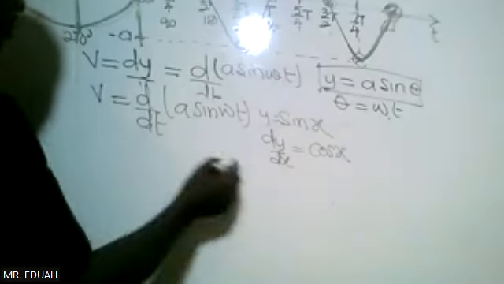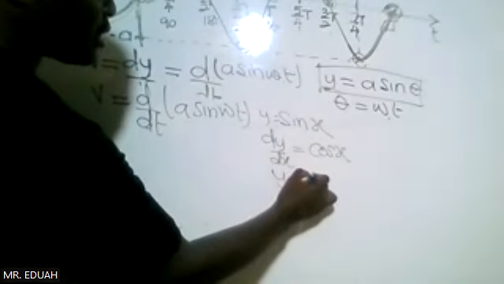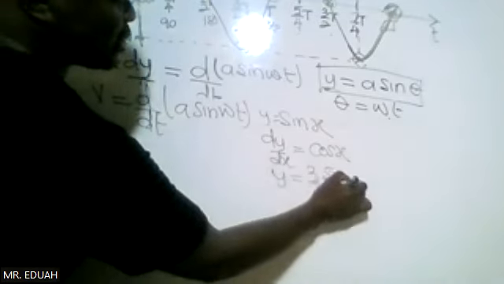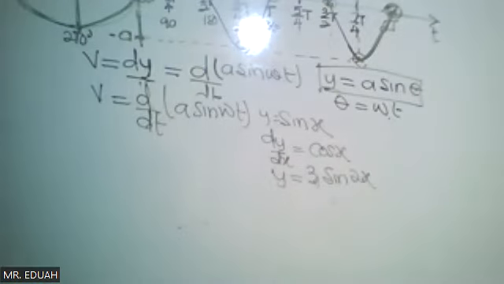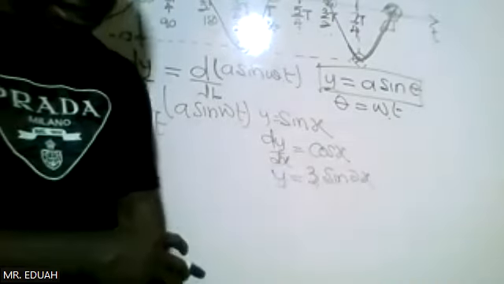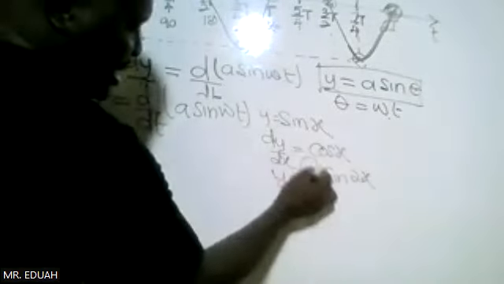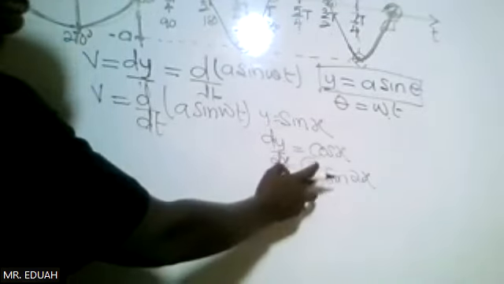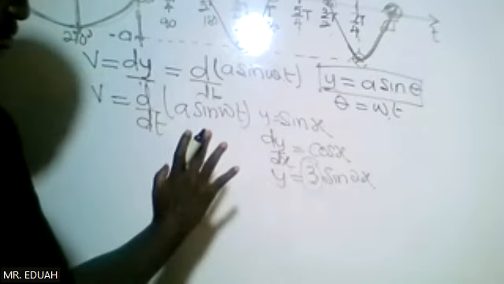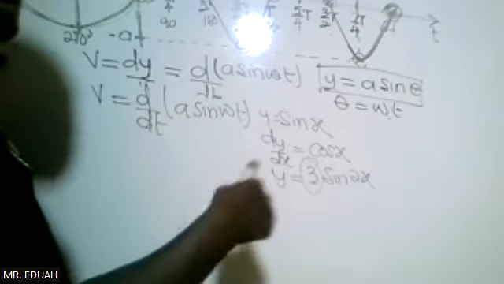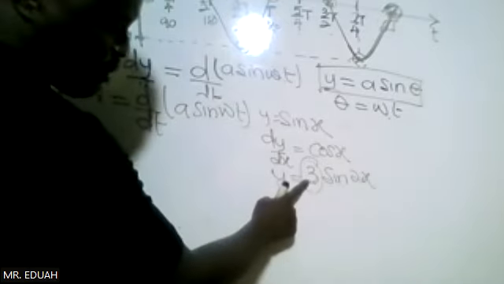But if you have y is equal to, maybe, 3 sine 2x, this is a constant or a coefficient. The coefficient is never affected in a differential, so it will always remain. A coefficient always is repeated in a differential. It will never be affected.